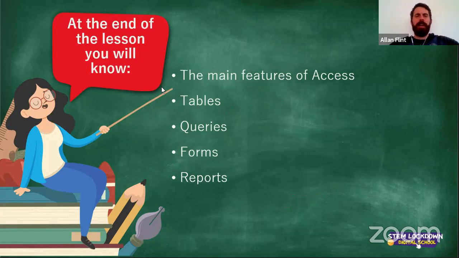And hopefully by the end of this lesson, you understand where to find these things, what they are, and basically how to create a query, and how to create a form, and how to create a report. I'm actually not going to go into exactly how you create them, but basically where to create them or where to find them.